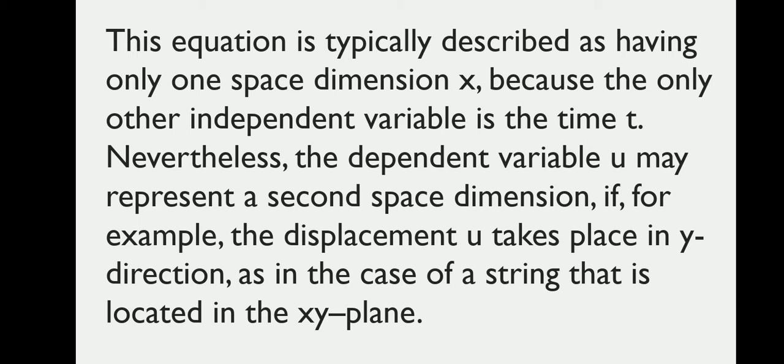Nevertheless, the dependent variable u may represent a second space dimension, for example, the displacement u takes place in the y direction, in the case of a string that is located in the xy plane.